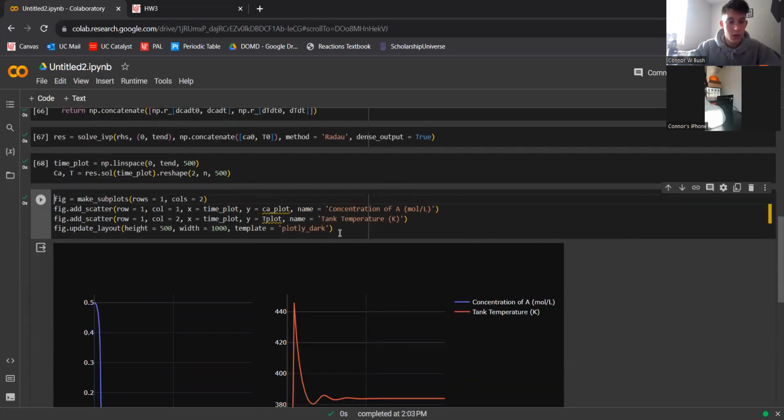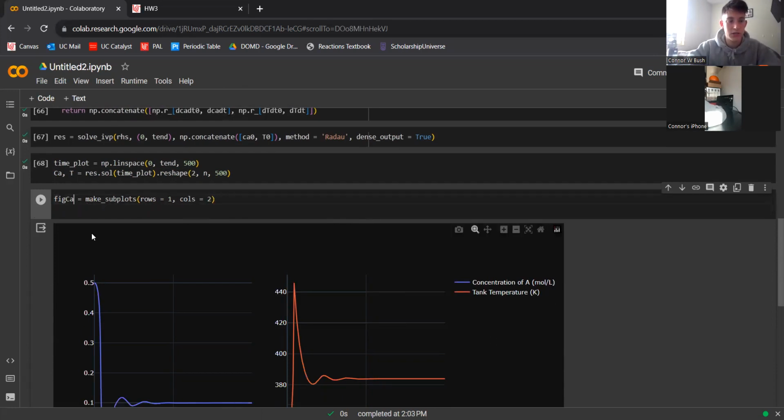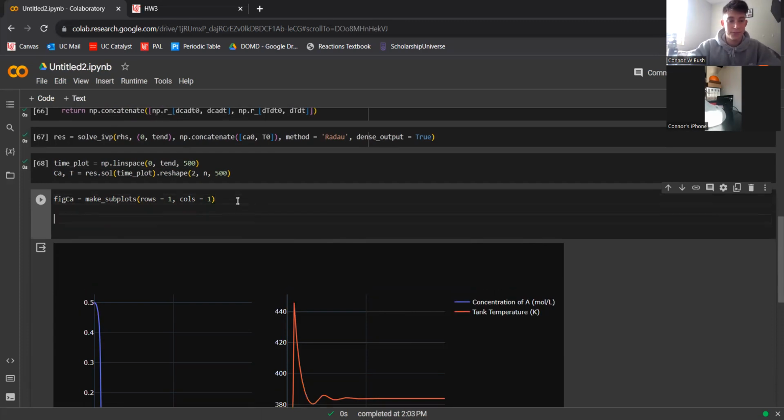I'm just going to delete this and then call this fig CA for the concentration plot. We're going to need to do a for loop.